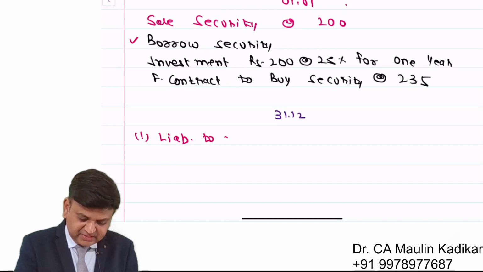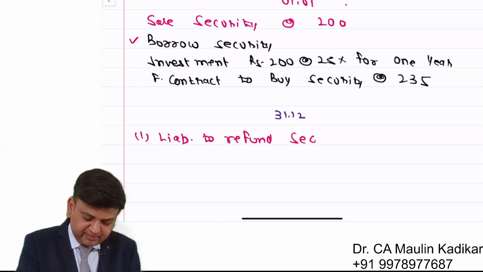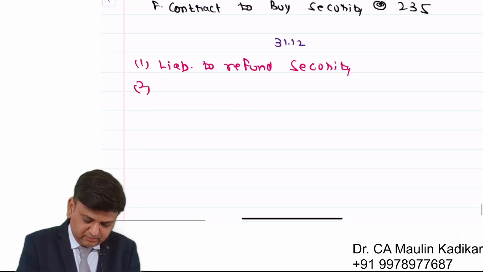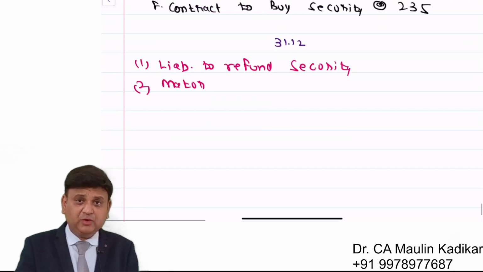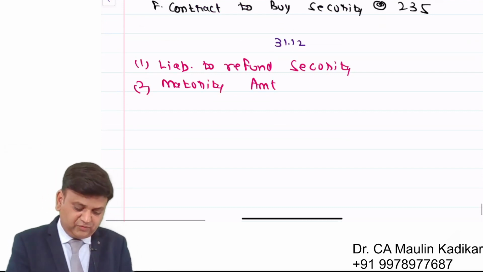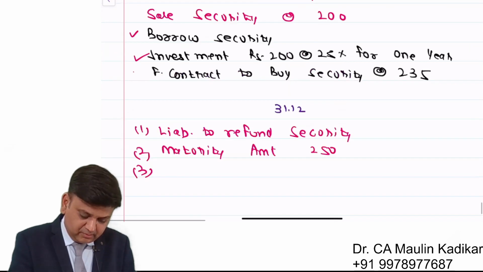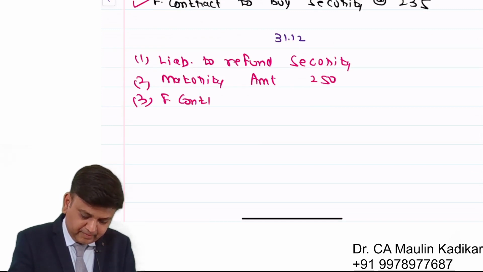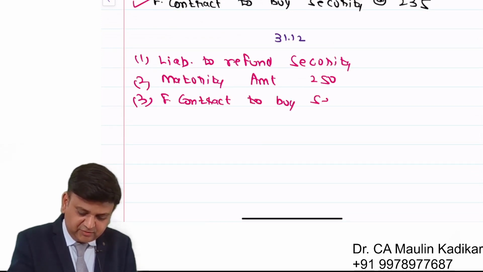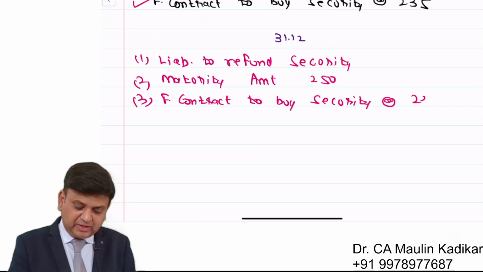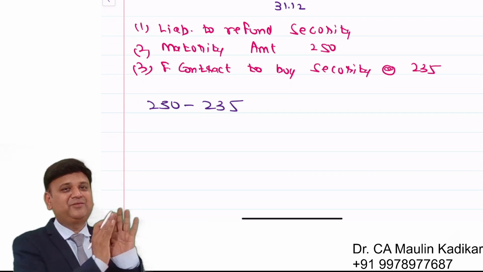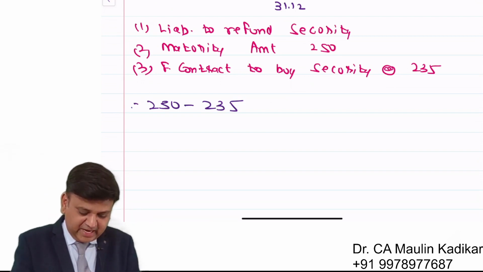Second, you made an investment, so you will get the maturity amount of 250. And third, you have a forward contract or futures contract to buy the security at 235. So now what will happen, dear students? Out of 250, at 235 you will buy the security and you will refund it to the lender of the security. So you will make an arbitrage of 15.